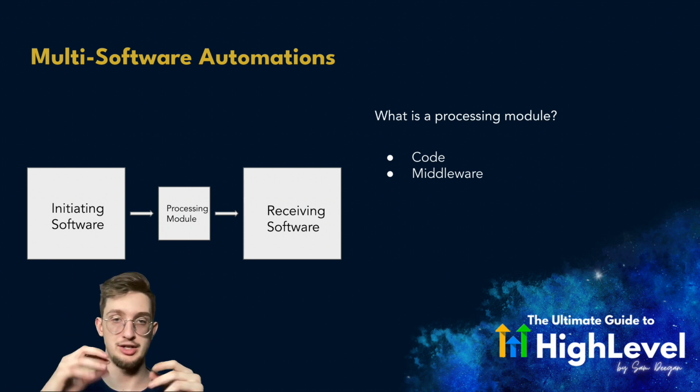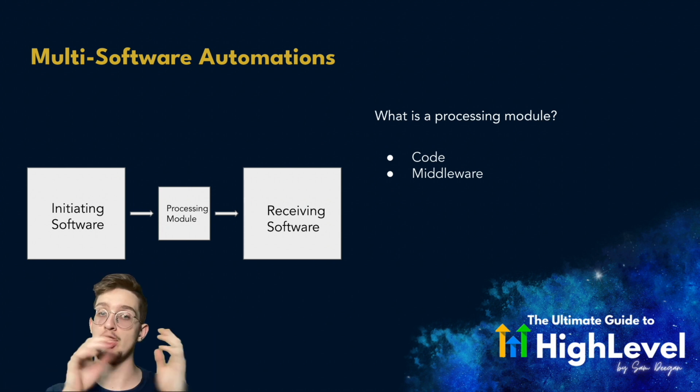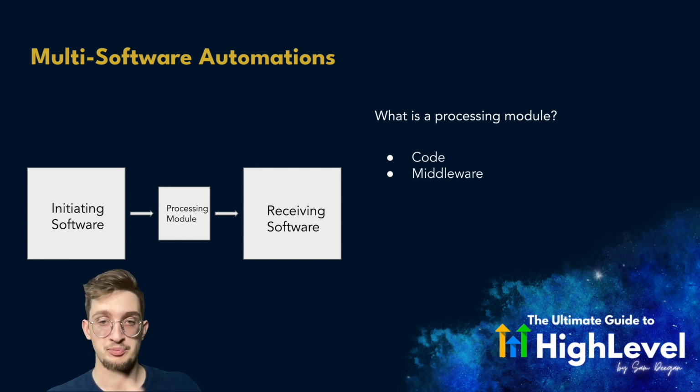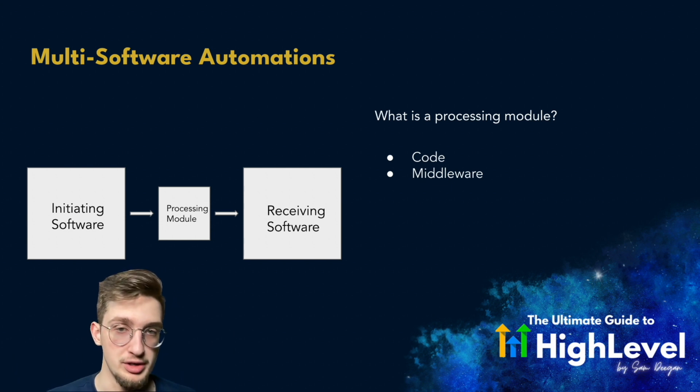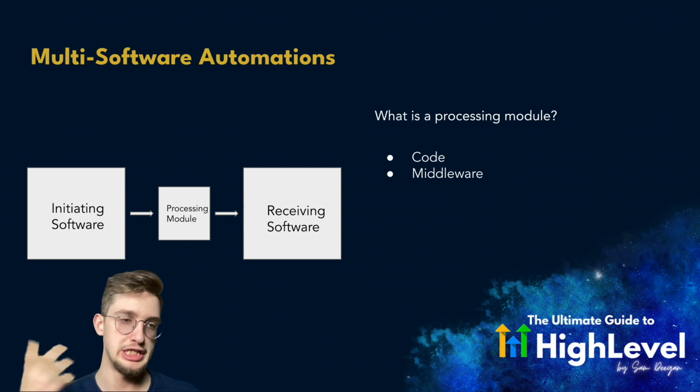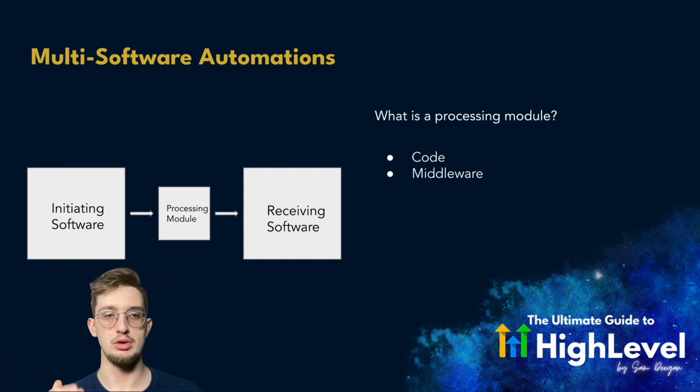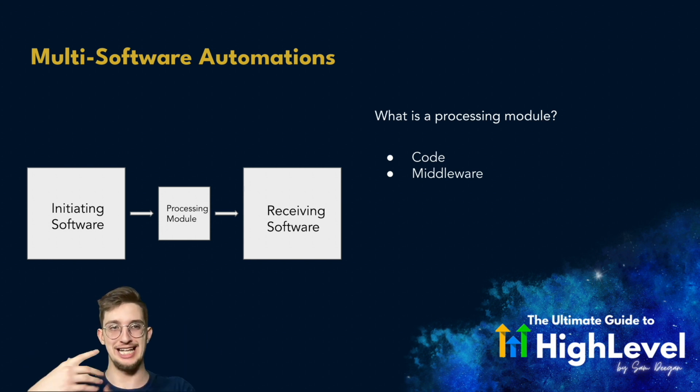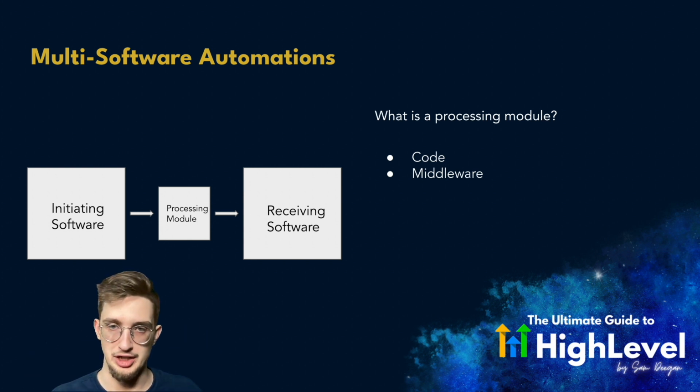Basically, a processing module usually breaks down to some form of middleware, or it's code. Now, because we're not all coders, middlewares are basically a no-code solution, typically, to connecting these different softwares and allowing you to create multi-software automations.